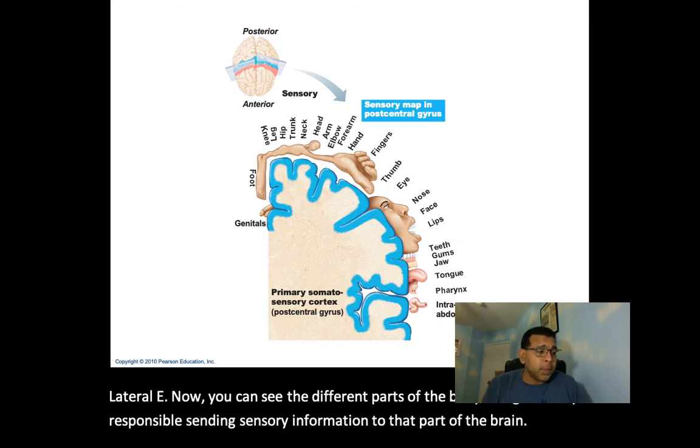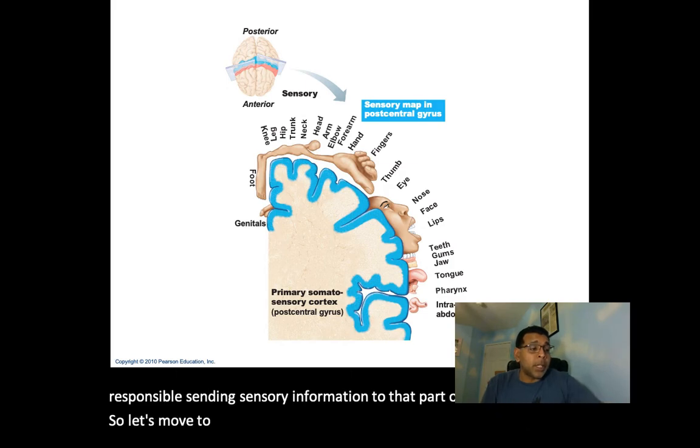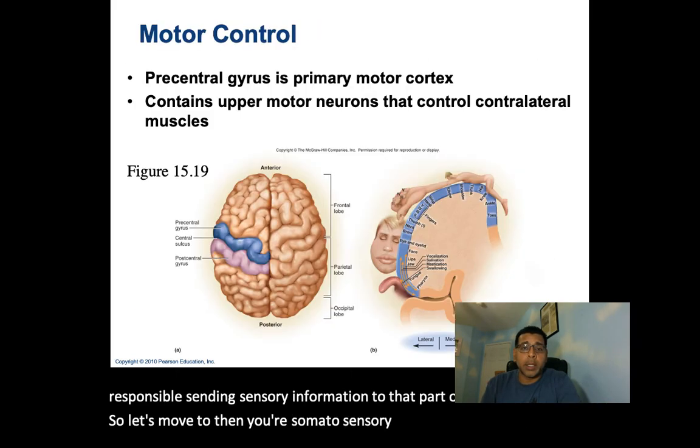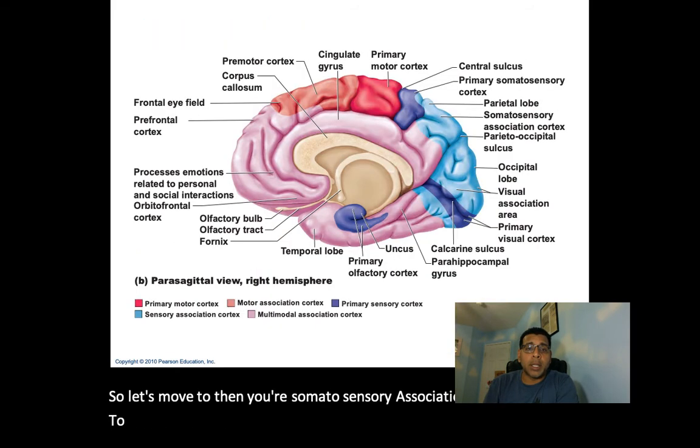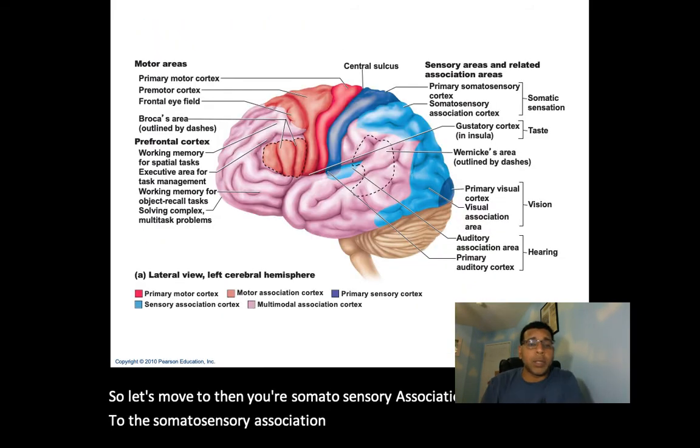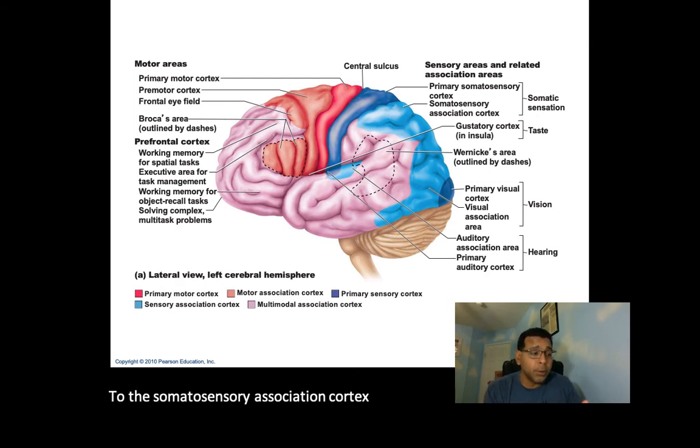So let's move to your somatosensory association cortex. It's found lying posterior to the primary somatosensory cortex that we just talked about.